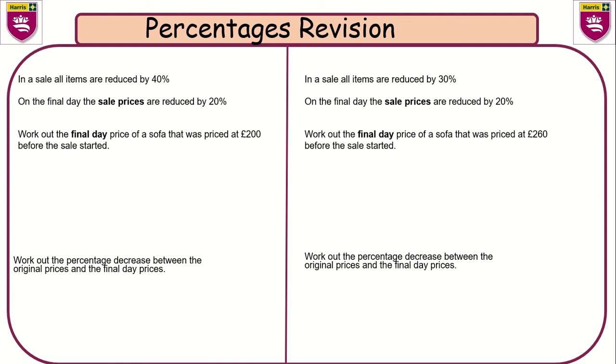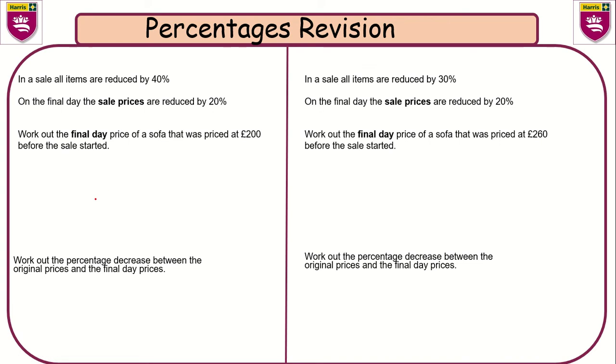So we know that it was priced as £200 before the sale started. There is going to be a reduction of 40%, and after we find it out, there is going to be another reduction for 20%, which will give us the final day price of the sofa.